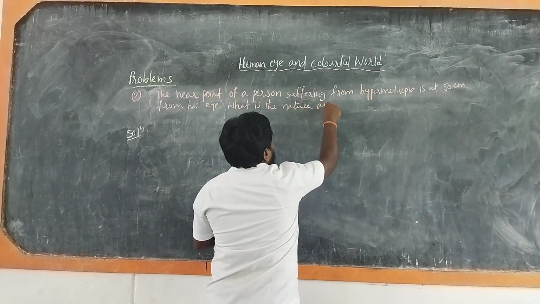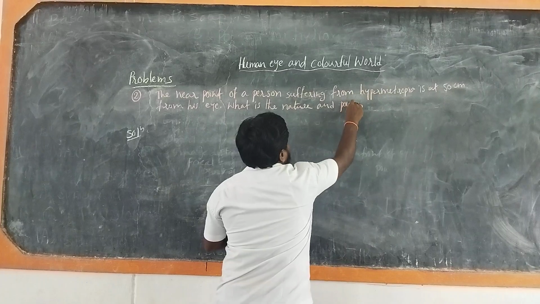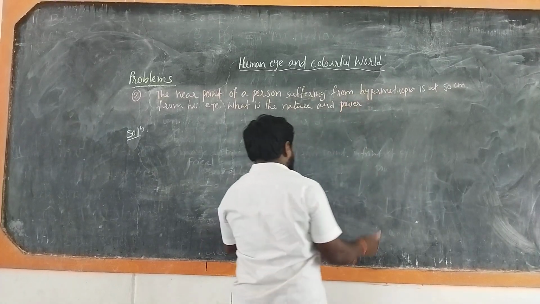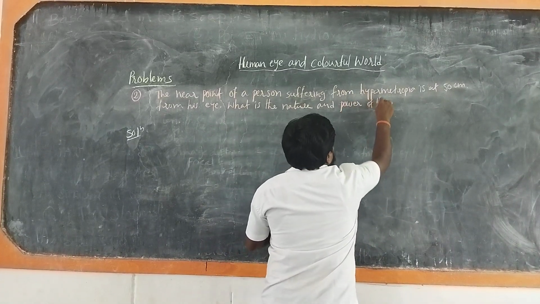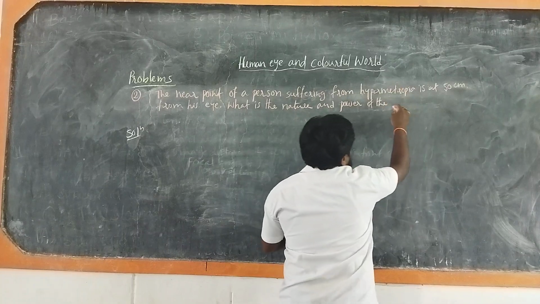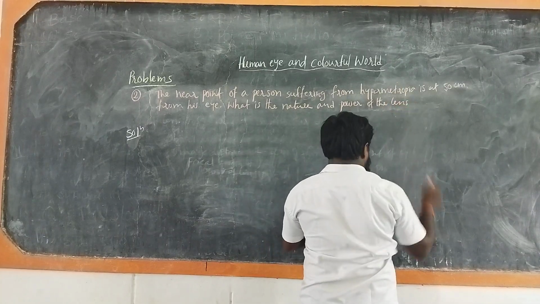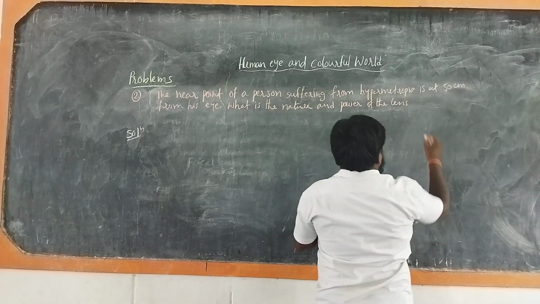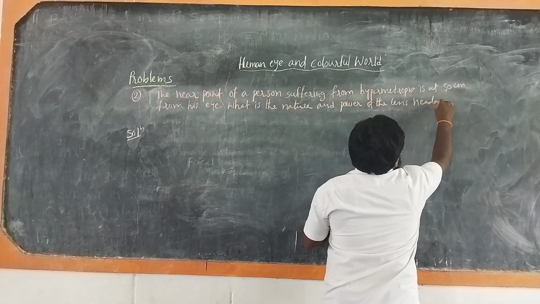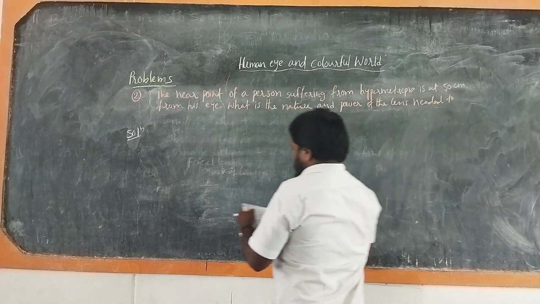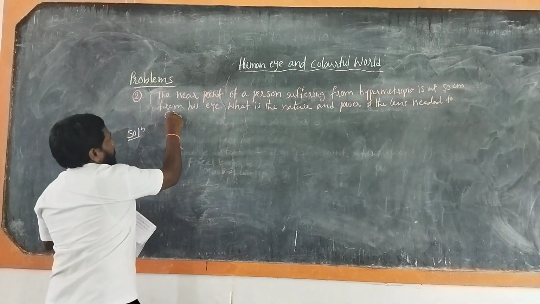What is the nature and the power of the lens needed to correct this defect?